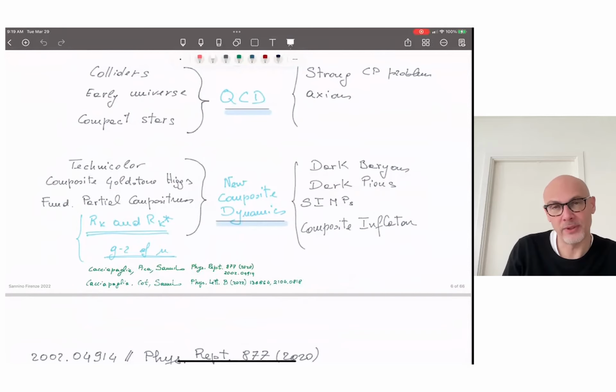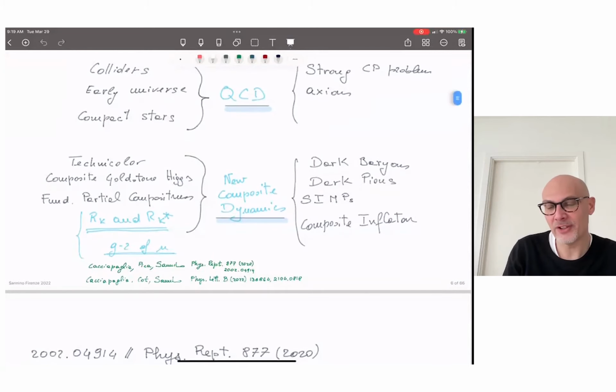These are not short for Simpson in the cartoons, but stand for strongly interacting massive particles, where you can construct models, which can be fun, where the dark matter relative density does not come by equilibrating with the standard model plasma like the WIMPs, but instead you have so-called number changing operators. So for example, you can have pi pi into pi pi pi.